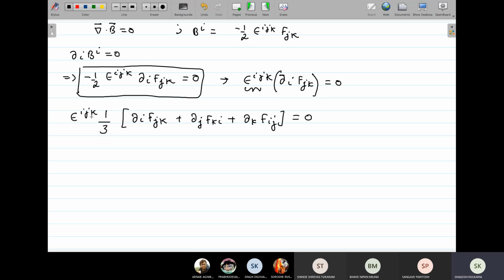Because see, I can permute cyclically these indices. So how is this term obtained?